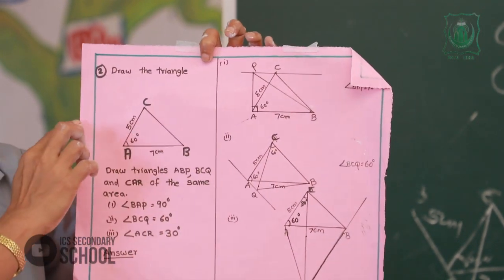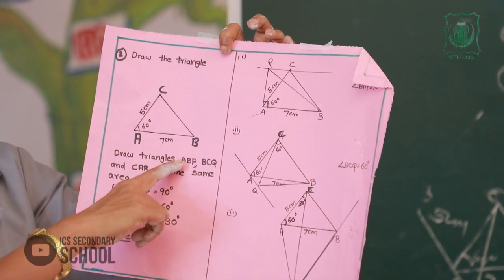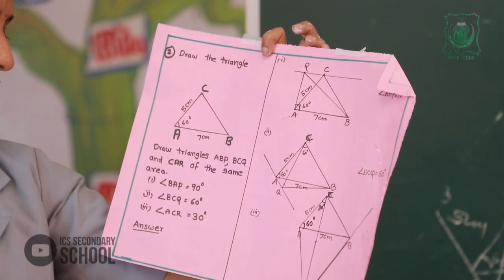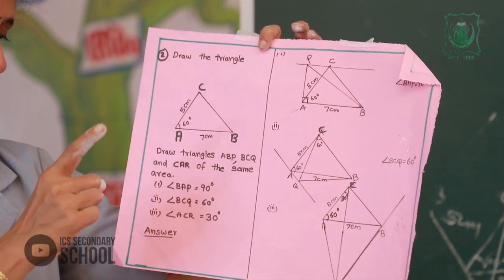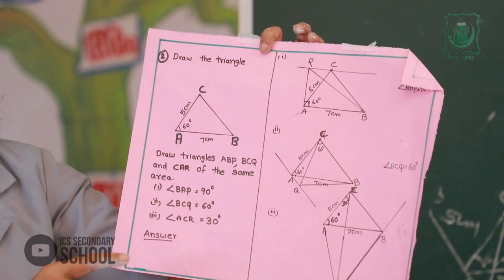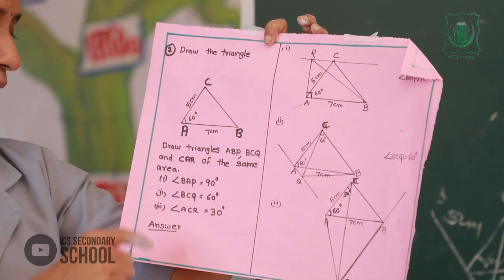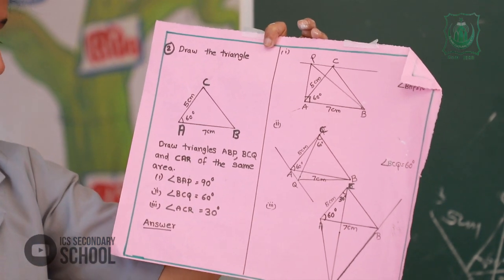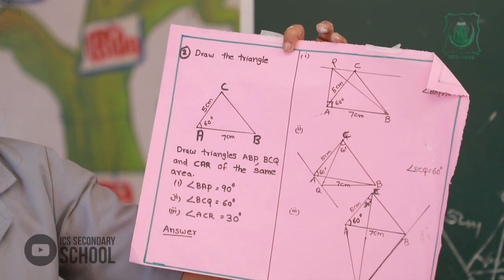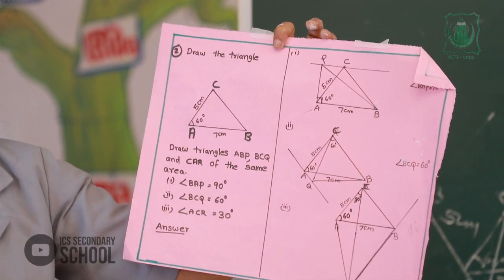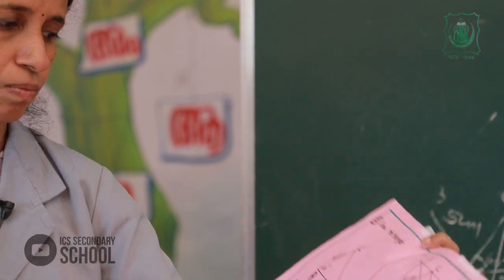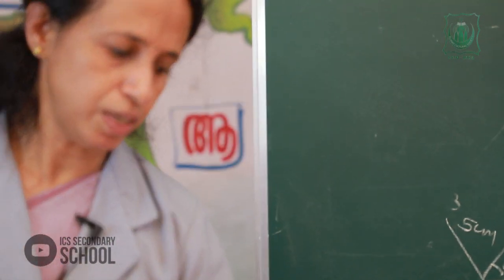First draw triangle ABC and next draw triangles ABP, BCQ and CAR. In the first question angle BAP equal to 90 degree. In the second question angle BCQ equal to 60 degree and third question angle ACR equal to 30 degree.